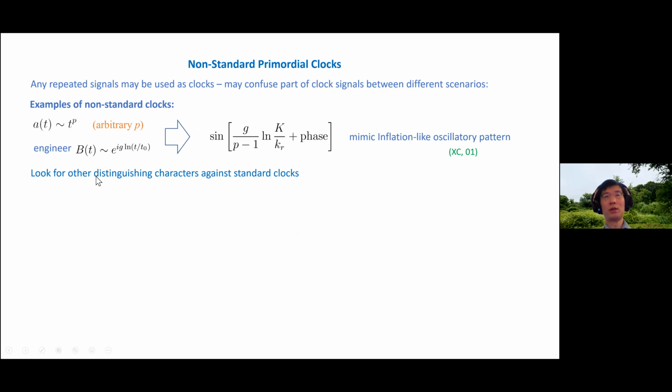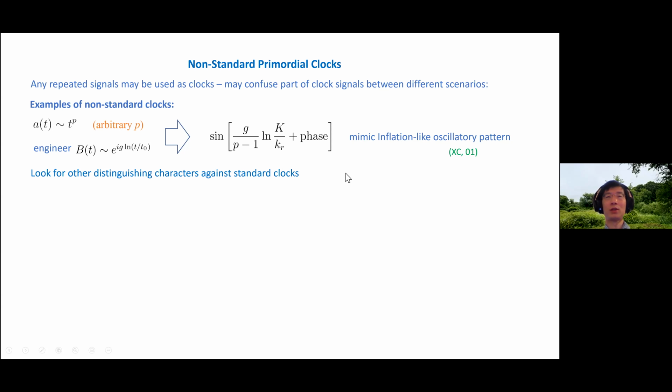And the reason this form is interesting is that the mass scale corresponding to these oscillations will scale the same way as the horizon scale of this background. So it traces the horizon scale. That explains why, if you use these oscillations, you will see an oscillation signal very similar to the inflation one, a sine log with some constant.